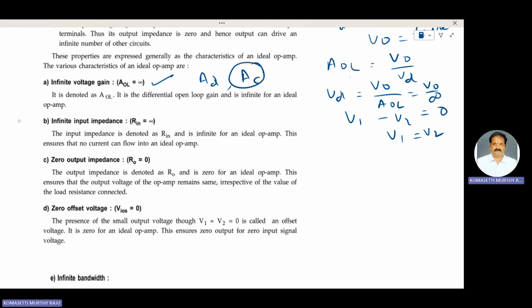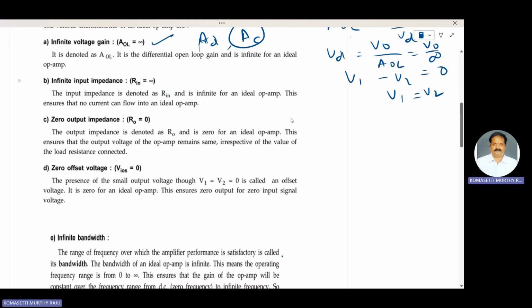Common mode gain is particularly meant for noisy signals. Differential gain is the actual gain or open loop gain of that operational amplifier. AC is 0, AD is infinity in the ideal case.